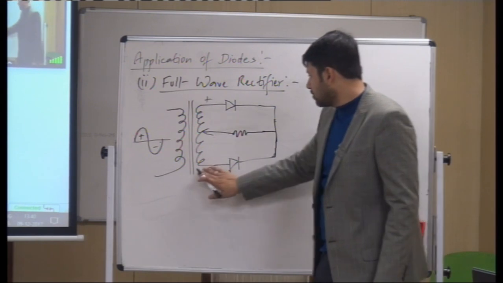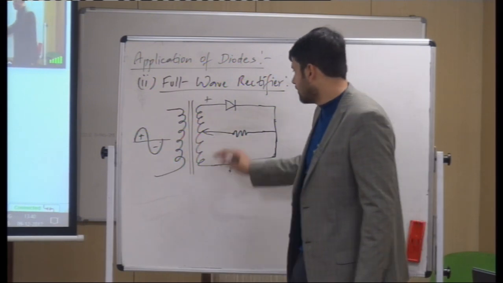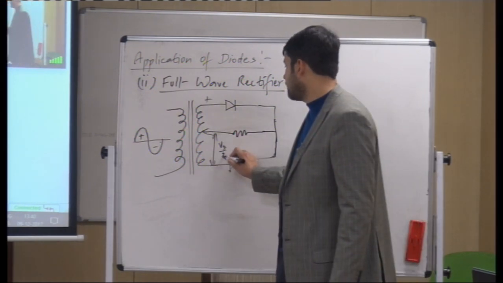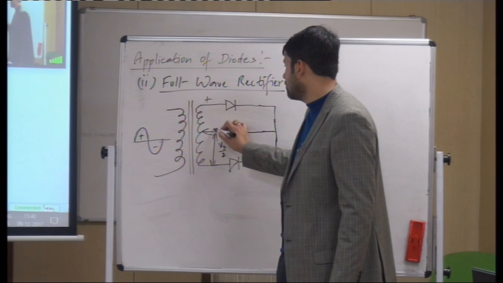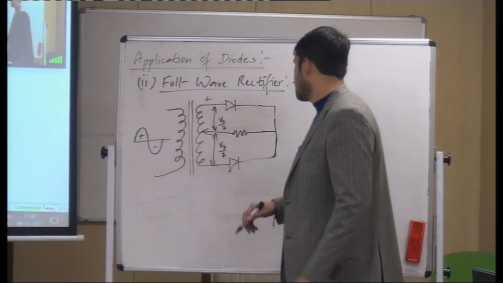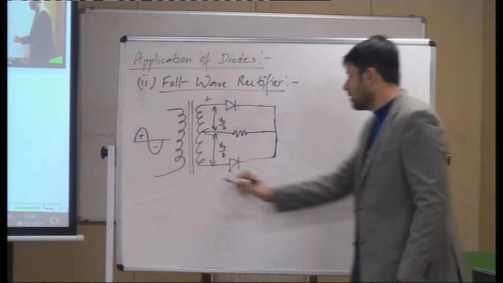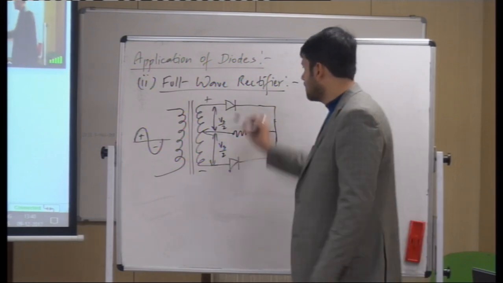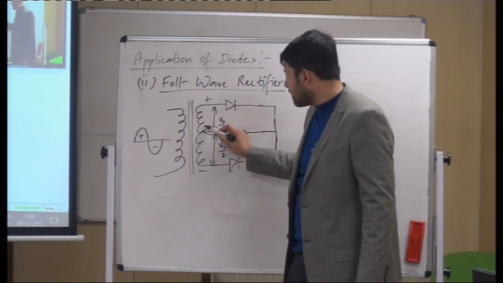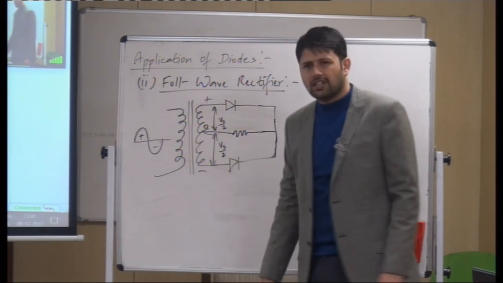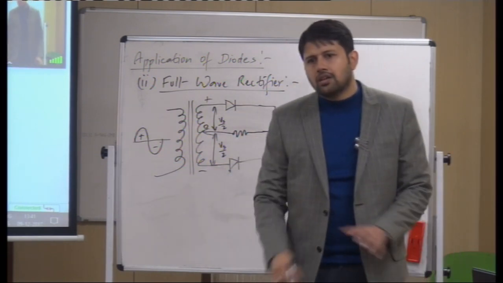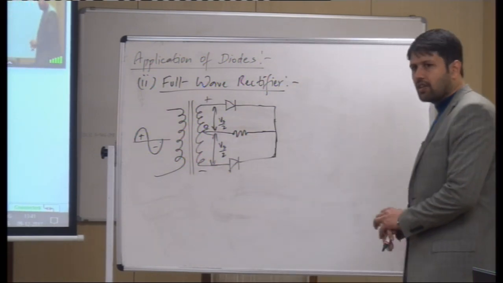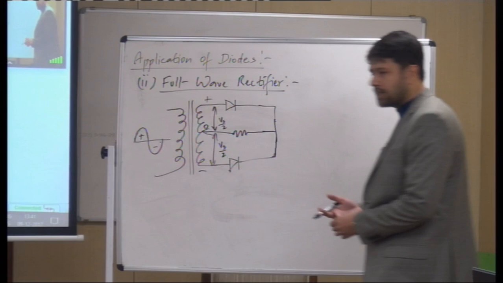Its purpose is to divide the secondary voltage into two parts, Vs by 2 and this is Vs by 2. Let's take the center tap as 0, reference level 0, for our ease.